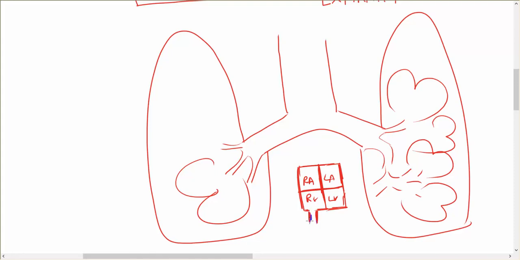That is deoxygenated blood. The pulmonary artery brings the deoxygenated blood and then enters the lung.